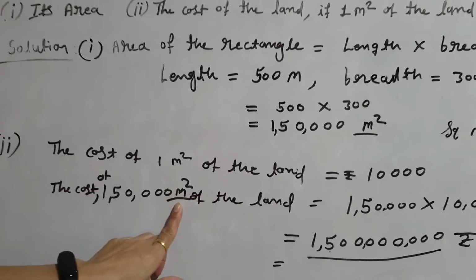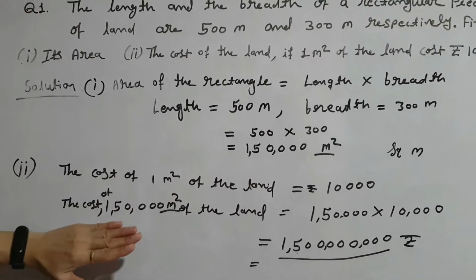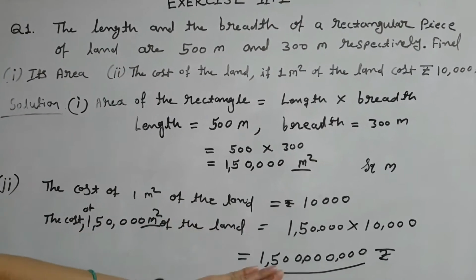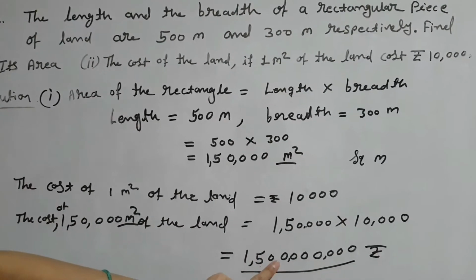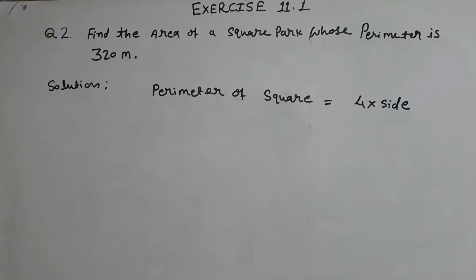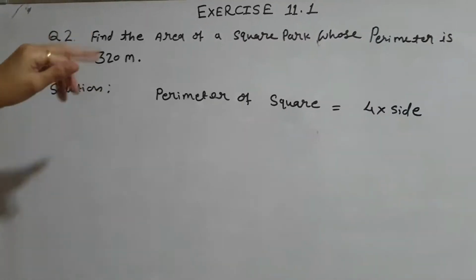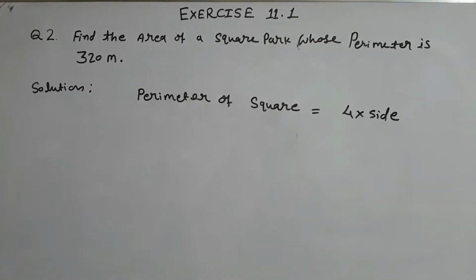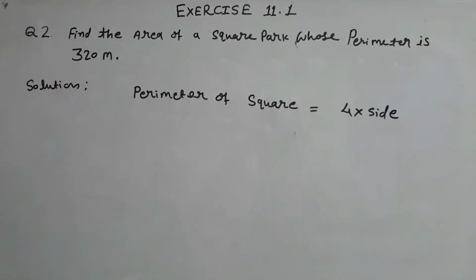You will write here square meter. So we find out the cost of this complete area is 1,500,000,000 rupee.